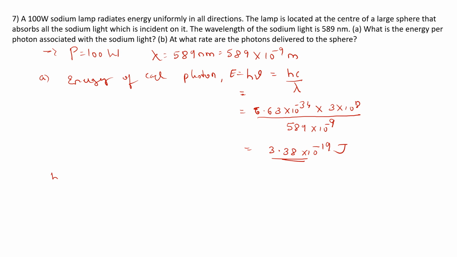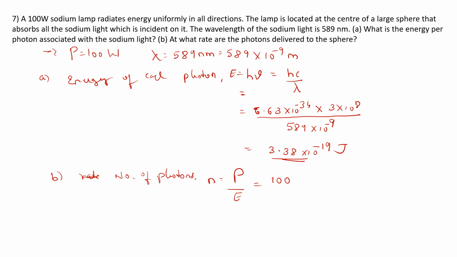Now they have asked the second one, at what rate the photons are delivered to the sphere. The rate of photons is nothing but the number of photons per second. As per the data given here, the number of photons n is equal to power divided by energy.